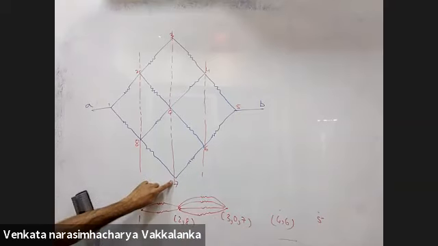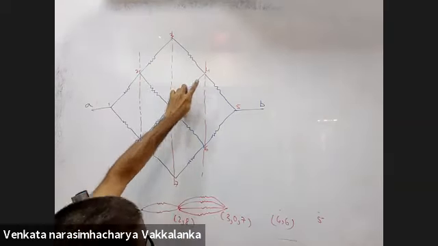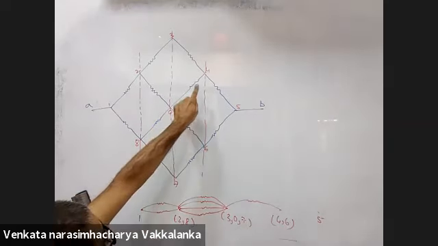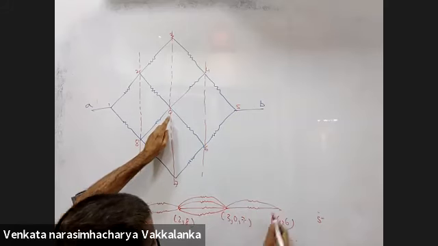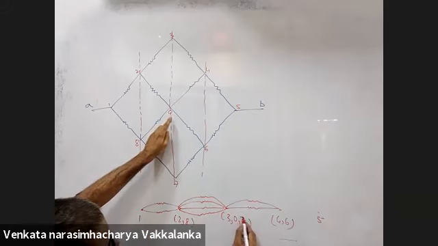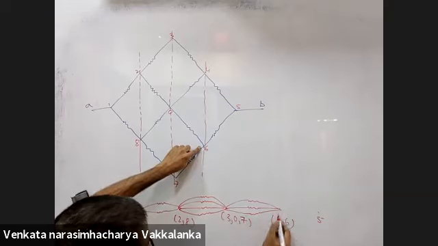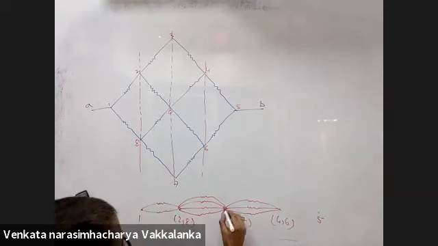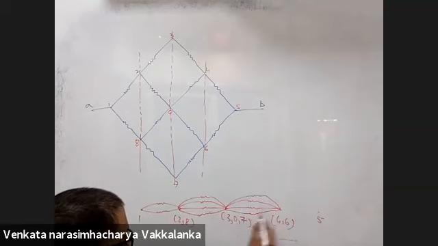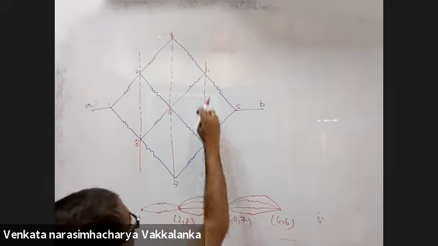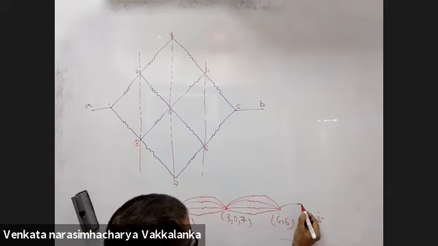Now 3 is connected to 4, 0 connected to 4, 0 connected to 6, 7 is connected to 6, and 4 and 6 connected to 5.